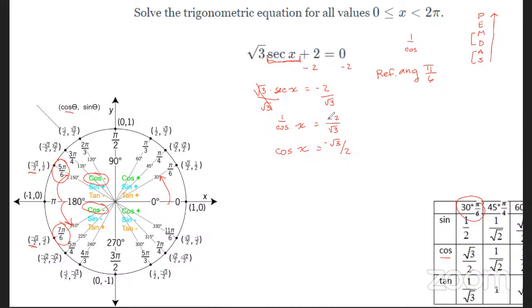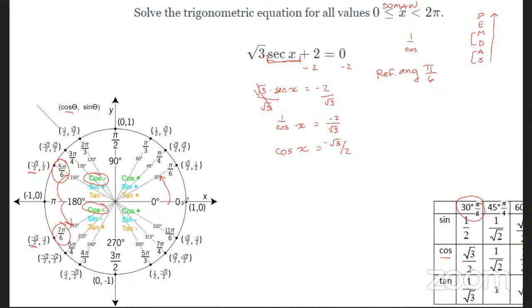Okay, and that brings me to what we have here, which is our domain. That means all of our answers for X need to fall between 0 and 2 pi. So X can be greater than or equal to 0, and it has to be less than 2 pi. So it can be anywhere on this unit circle, okay?